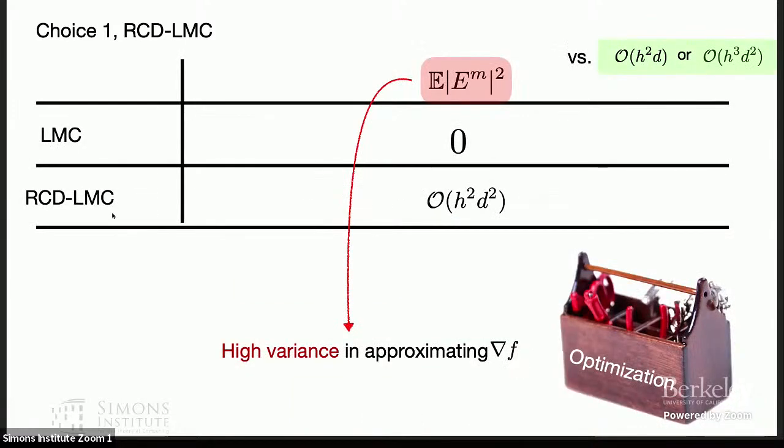We put it into our chart, and we find that this error term, in the classical Langevin Monte Carlo, is of course 0. But if you replace it by the random coordinate gradient, this is the amount of error that you accumulate. H is the step size, D is the dimensionality. It is much larger than the discretization error that you see. So of course, it brings more error that drives up your cost.